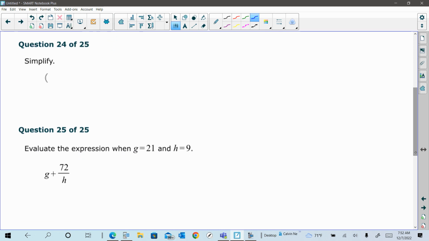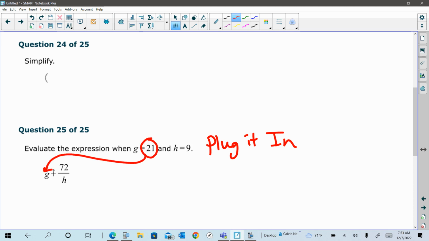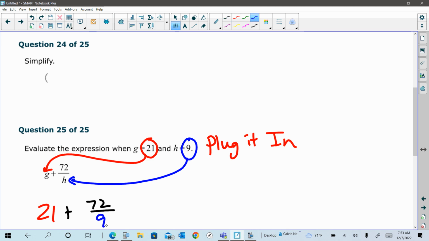Here, to evaluate the expression, the last thing here, you need to plug it in and solve. So we're going to plug in the 21 for the g and the 9 for the h. So this becomes 21 plus 72 over 9.